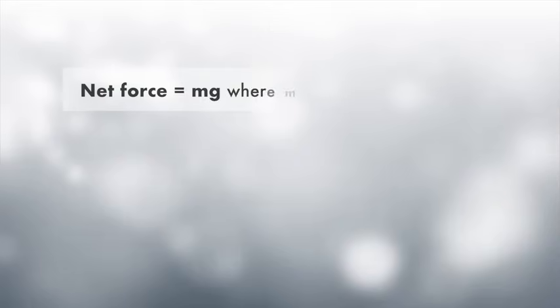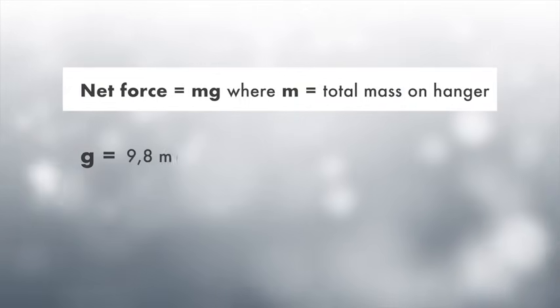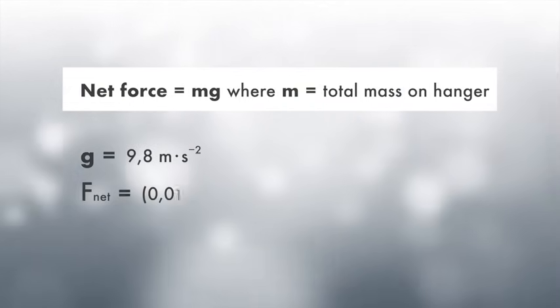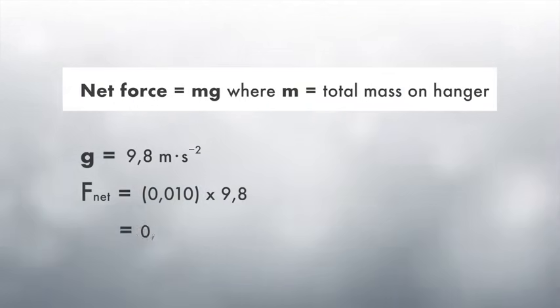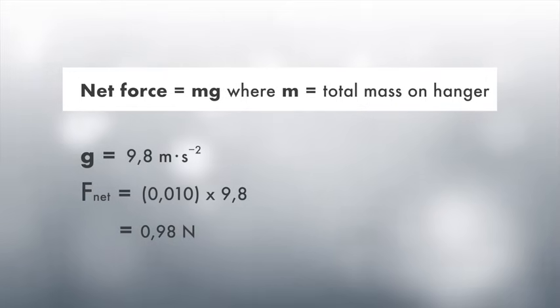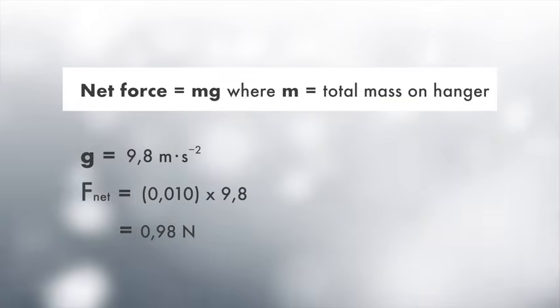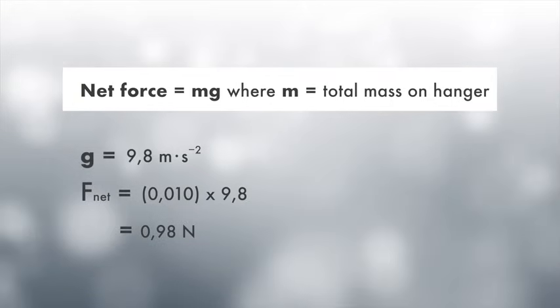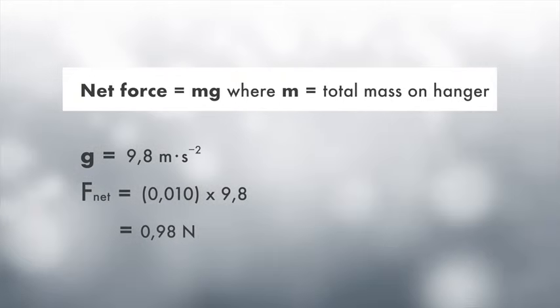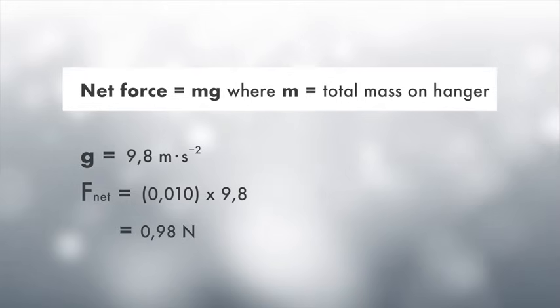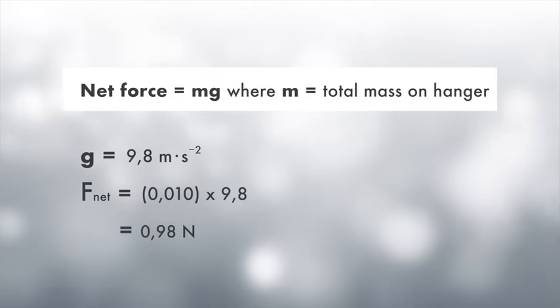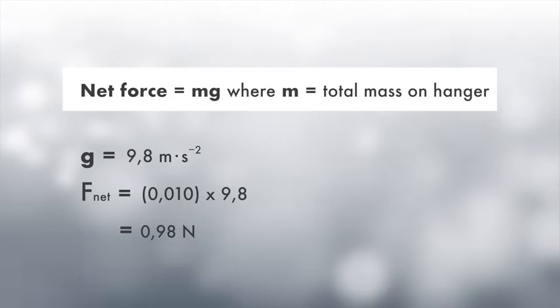The net force equals the mass of the hanger times the acceleration due to gravity. We must convert the grams to kilograms. We divide 10 grams by 1,000 grams per kilogram and get 0.010 kilograms. So the net force in this case is 0.098 Newton.